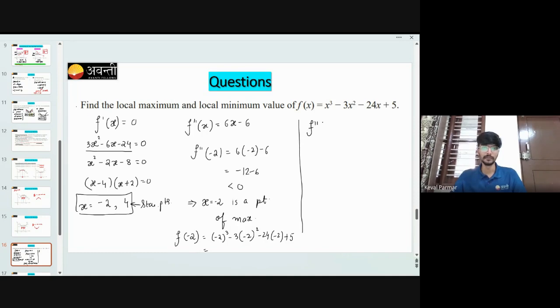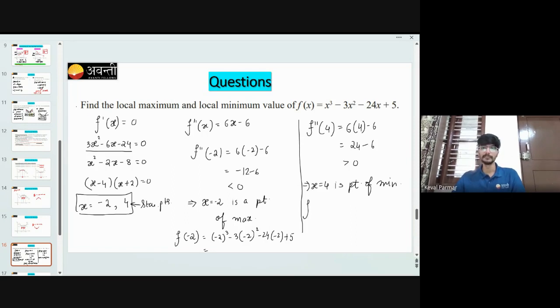Now we'll substitute 4. If I substitute 4, I get 6 into 4 minus 6, which is 24 minus 6, which is positive. And if it is positive, then it will be a point of minima. That means x equal to 4 is a point of minima.